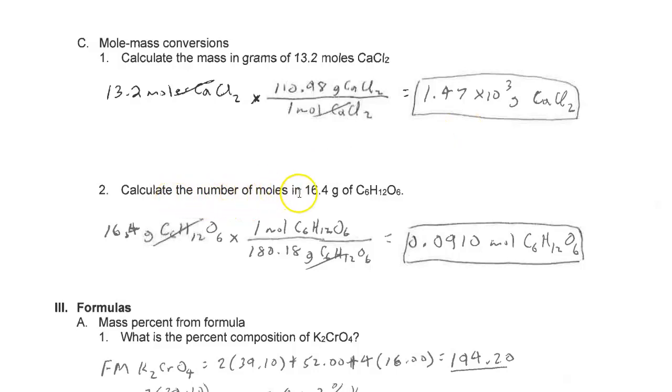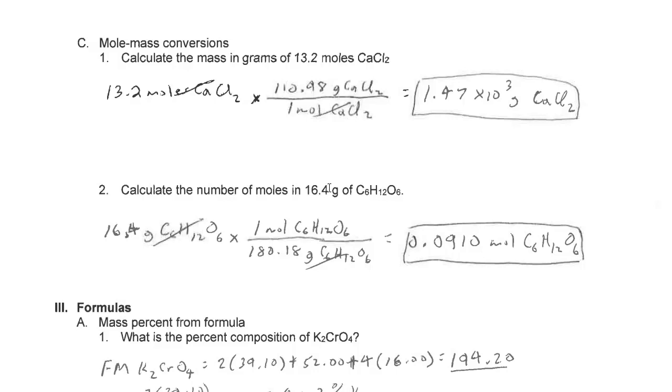Calculate the number of moles in 16.4 grams of glucose. All right, what do I know? I know I've got 16.4 grams of glucose. Where am I trying to go to? I'm trying to go to moles of glucose. Do I know a direct relationship between the two?